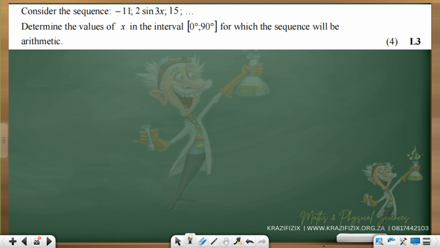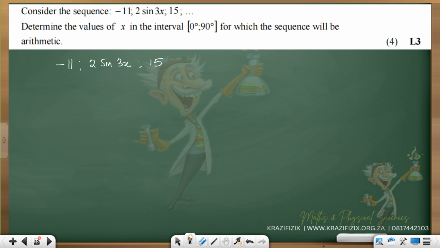Ooh, I love this one. The reason I brought this is to let us know that maths can just be maths. Look at this. Consider the sequence: negative 11, 2 sine 3x, 15. Somebody's already breathing so hard.